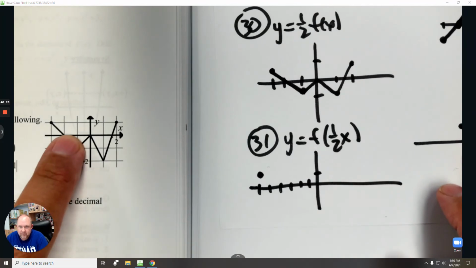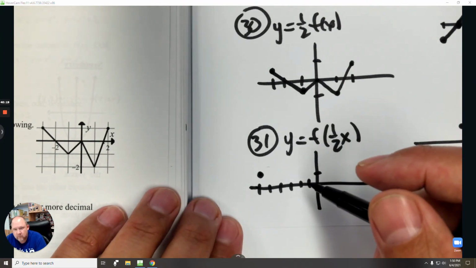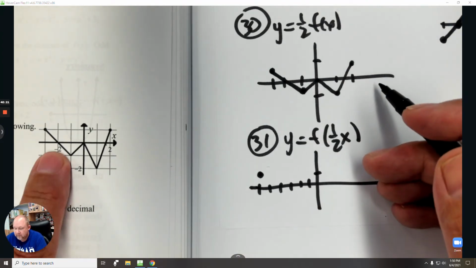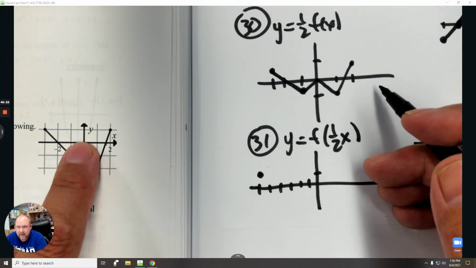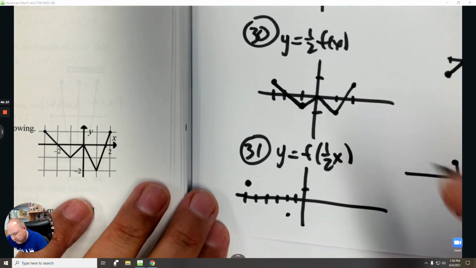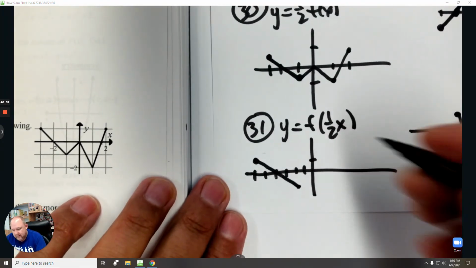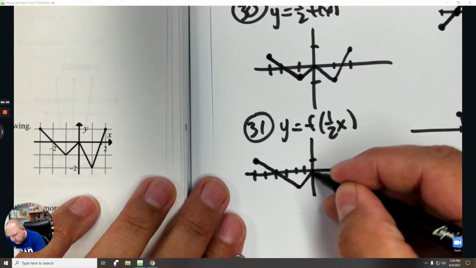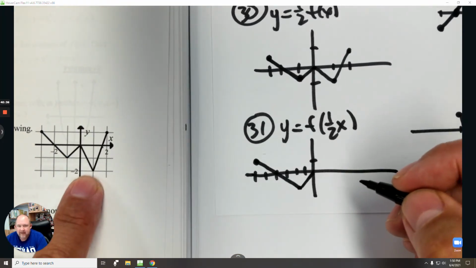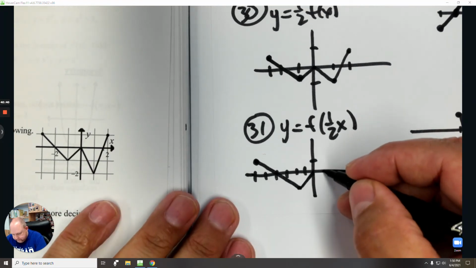This one, negative 1 times 2 becomes negative 2 and negative 1. That can just be this point. So negative 2 and negative 1. This would have been negative 4, so it will go through negative 4. It connects still with 0. Take the x value and double it, so it's 2 and negative 2.